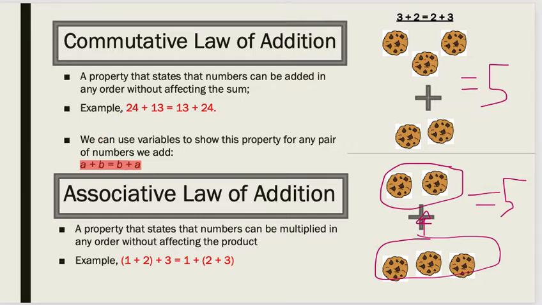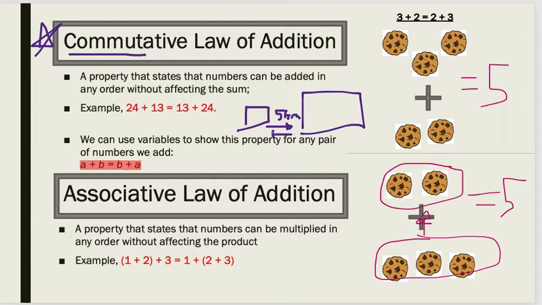We can also look at the associative law. Sorry, let's explain the commutative law a little bit better. All right? What I like to think of, the root word of commutative is to commute. Commute means going back and forth. If I have a house, and I walk to school every day, and it's 5 kilometers, then if it's 5 kilometers to school, it's always going to be 5 kilometers back.